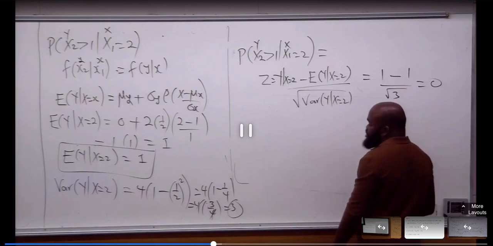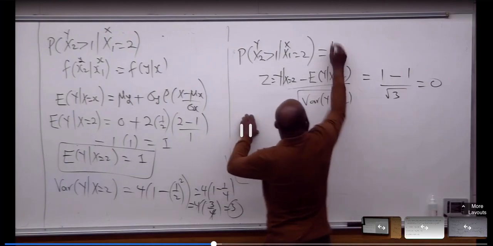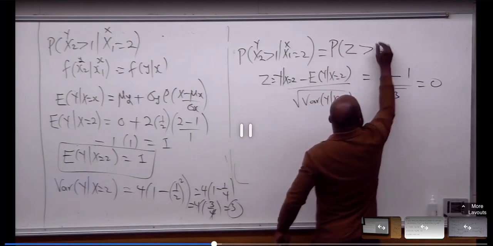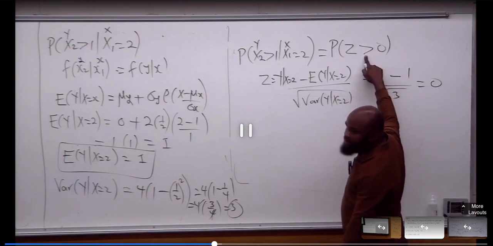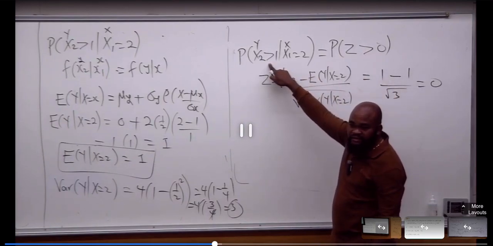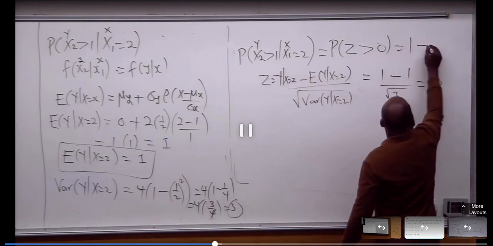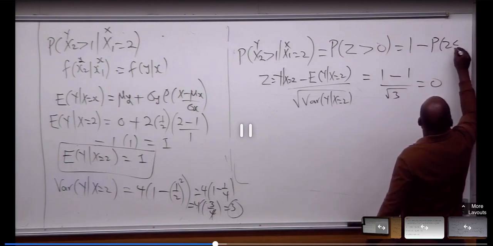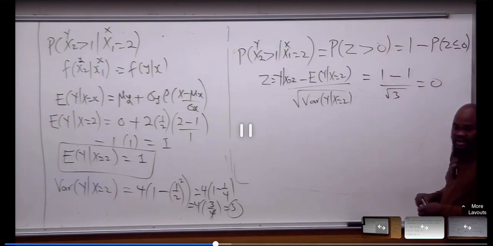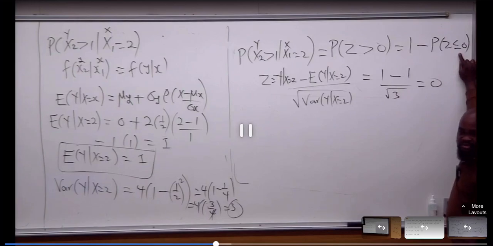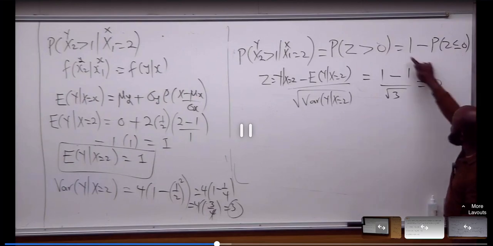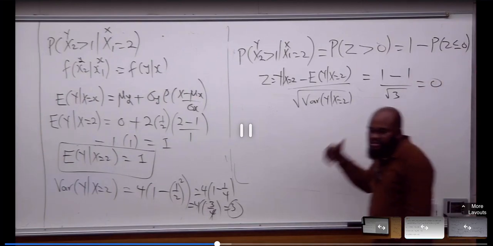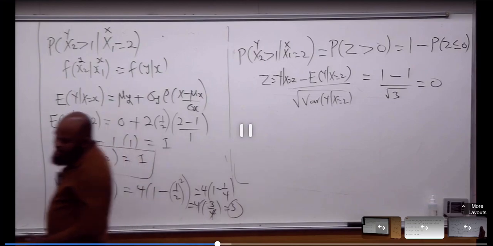This is going to be 0. Now, this is going to be the same thing as that. Why am I having greater than? Because this is a greater than sign. So this is the same thing as 1 minus that. Or what I'm going to do is go to the z table to check when z equals 0. I think that should be 0.5. So when you check from the z table, 1 minus 0.5, then you're going to get 0.5.